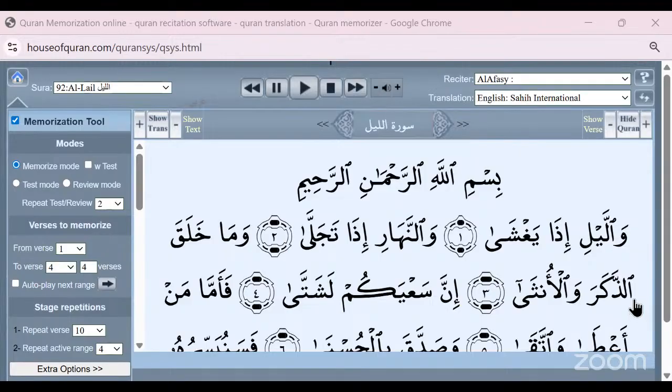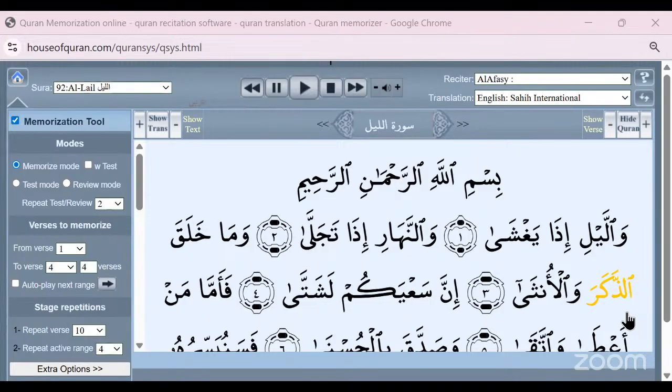So here you have Hamza to Wasil. It's not at the beginning of the ayah, it is in the middle because it is preceded by the word khalaqo. So in the middle, we skip it. You skip the Hamza to Wasil. And then the lam: do we skip it or do we give it sukun? We give it sukun.